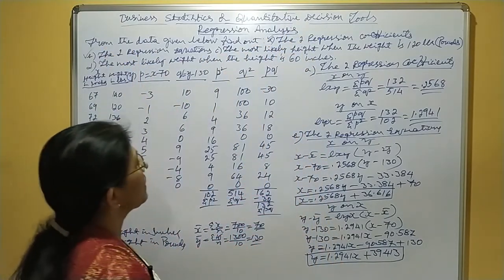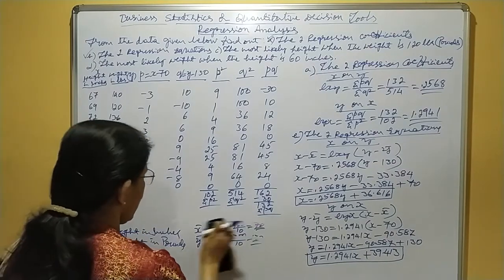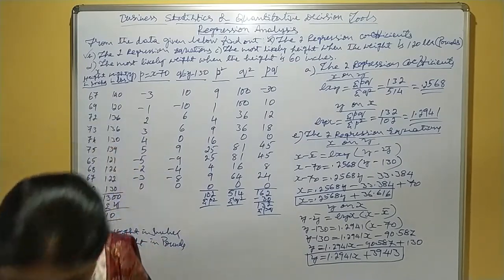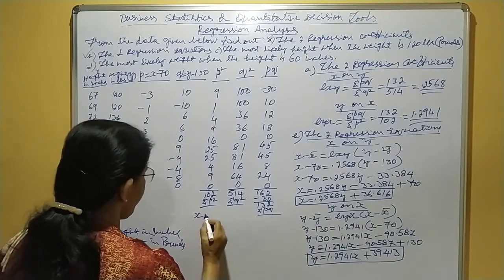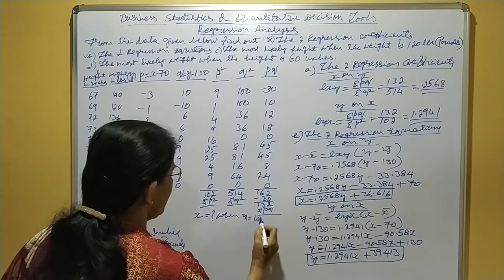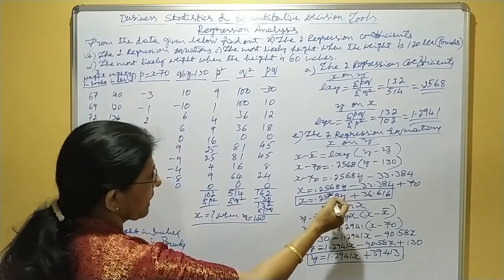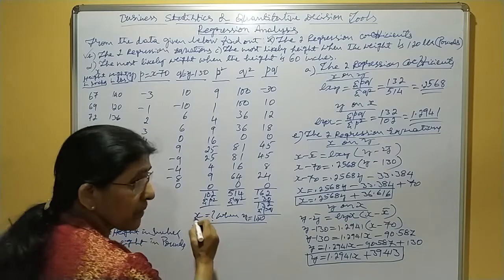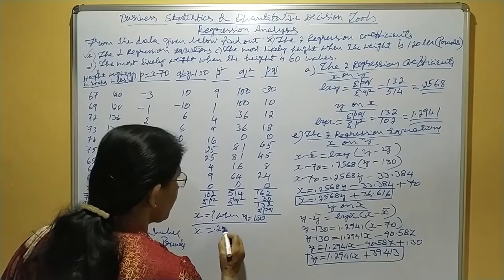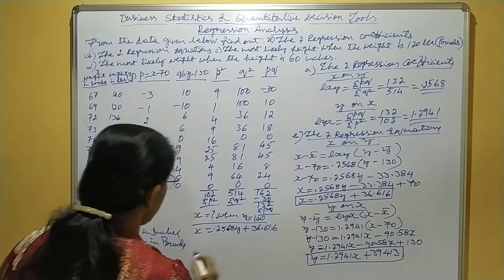Now third one, the most likely height. Height means what? X. The most likely height when weight means y is 120 pounds. We have to find out x when y equals 120. Okay. Now, which equation you have to apply? Regression equation of x on y to estimate the value of x. X equals, we have arrived at the equation 0.2568y plus 36.616.